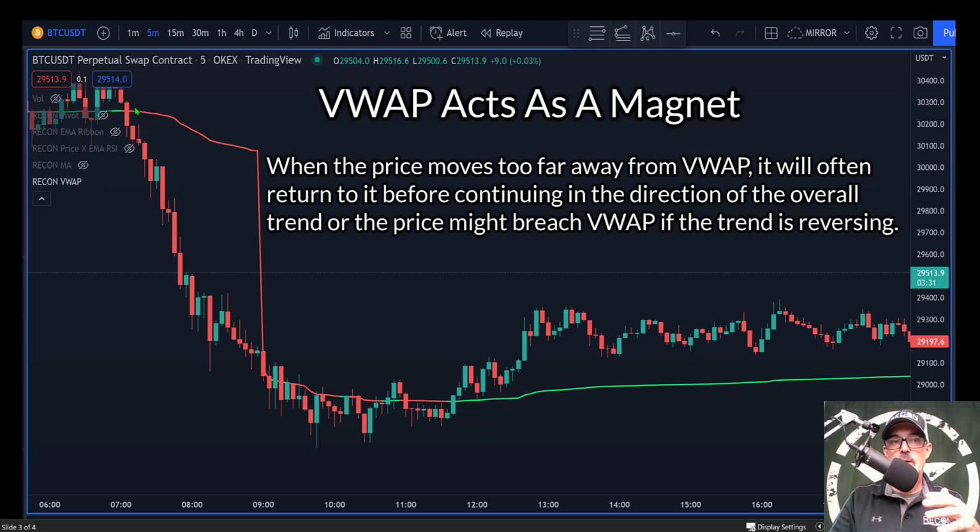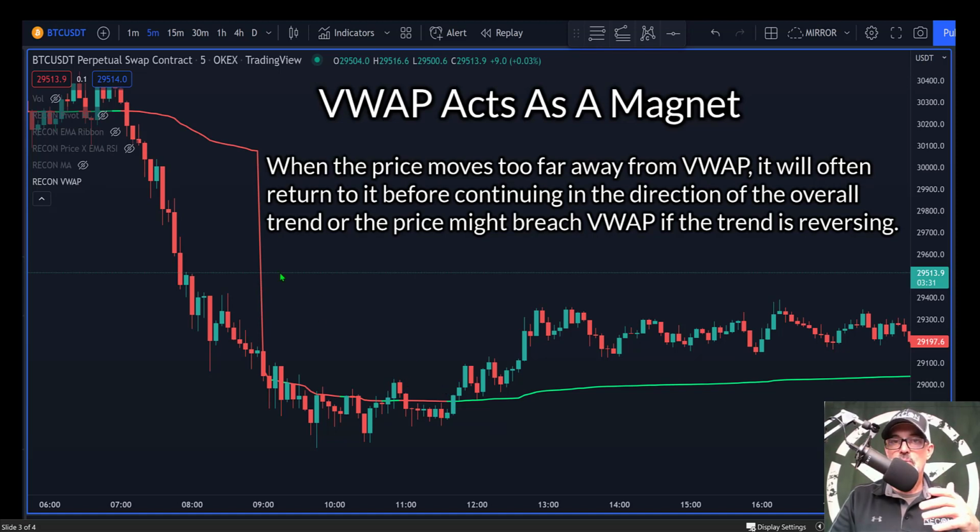Once again, if we look at the chart up here in the left-hand corner, you can see this red candle breaching down below the red VWAP line, and then it sells off. So that was definitely a trend reversal. Now, eventually, the price does breach back above the VWAP and the VWAP line turns green. I should point out that this is my custom RECON Trader VWAP indicator.